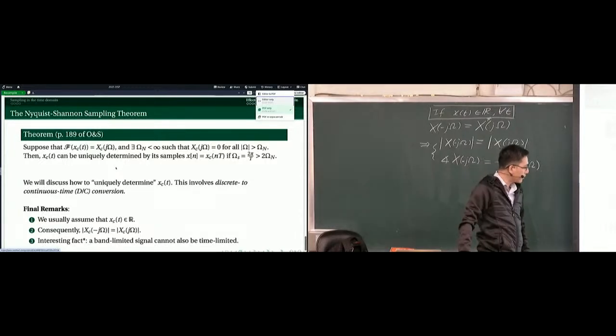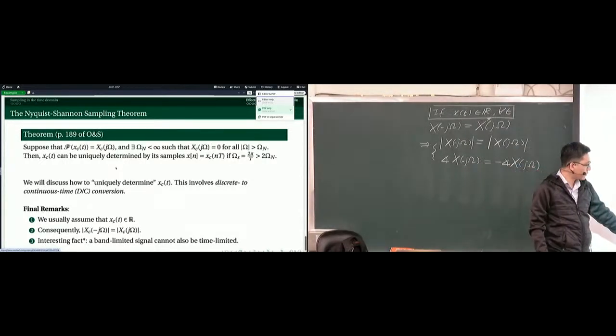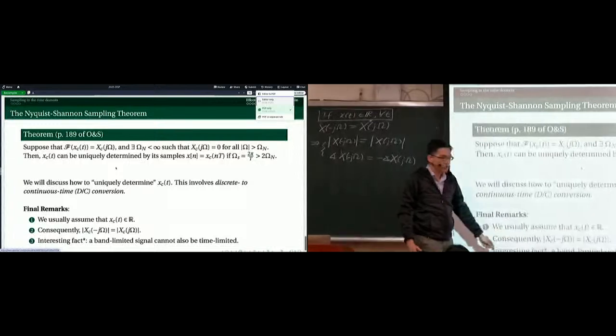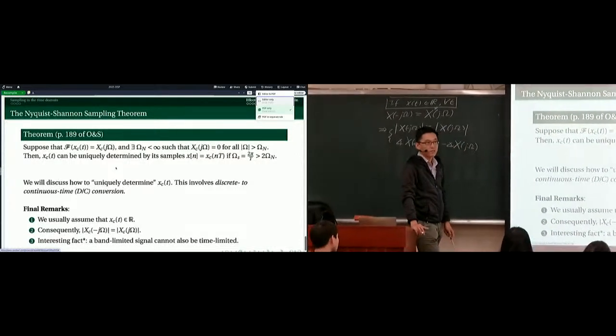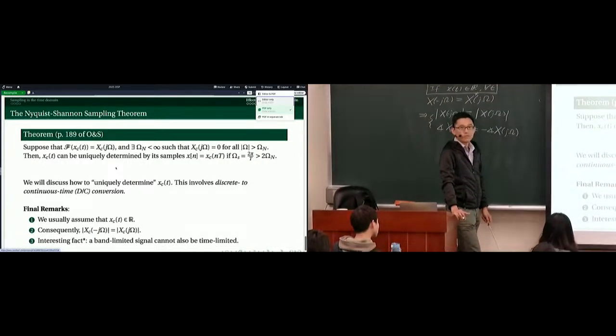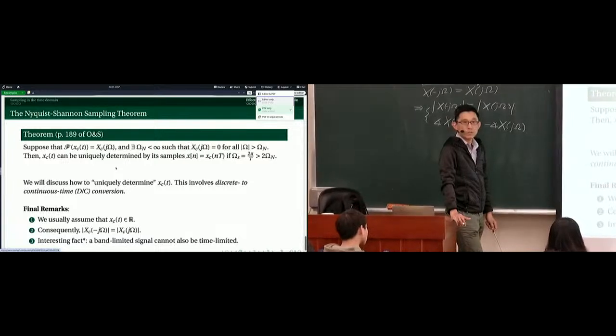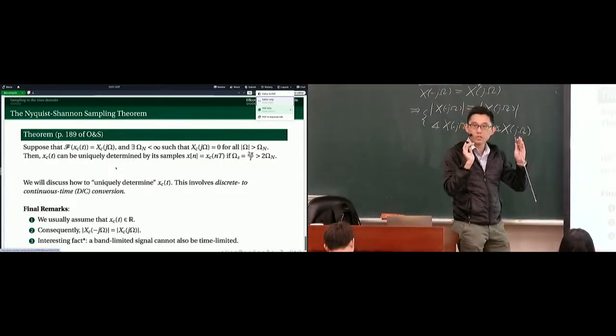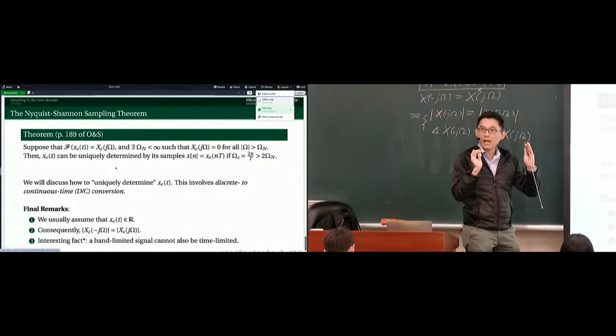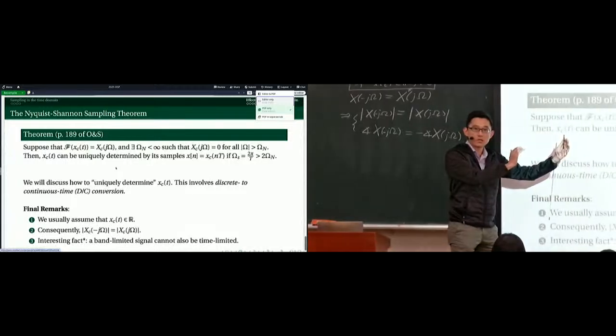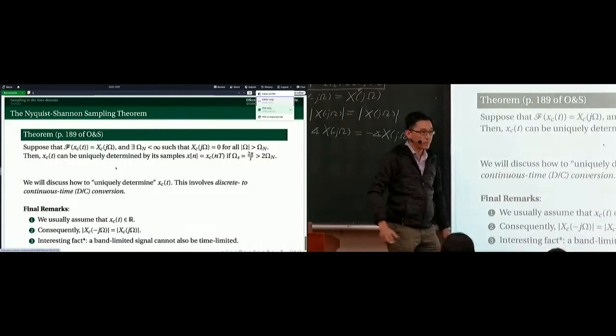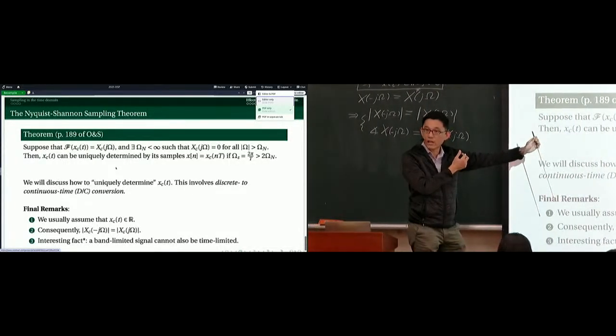It turns out that mathematically, a band-limited signal cannot also be time-limited. It's impossible for a function to have a limited bandwidth in frequency as well as a limited duration in time. Duration, length in time.